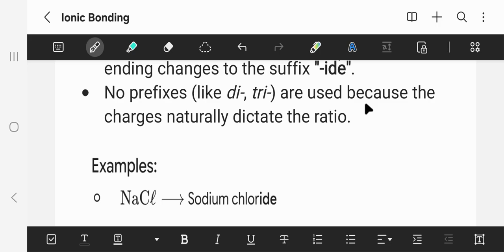So here there are no prefixes like di, tri that are used, because the charges naturally dictate the ratio, right? We know that the ratio will depend on how many electrons are actually lost or gained, basically.